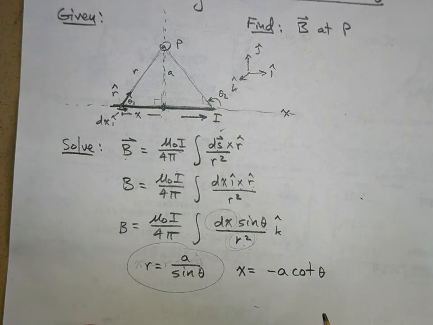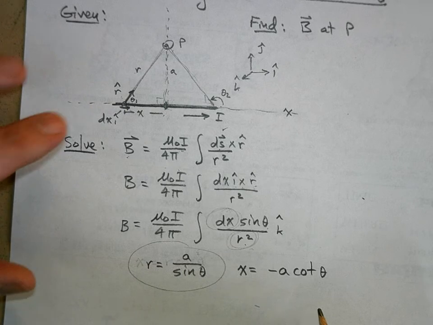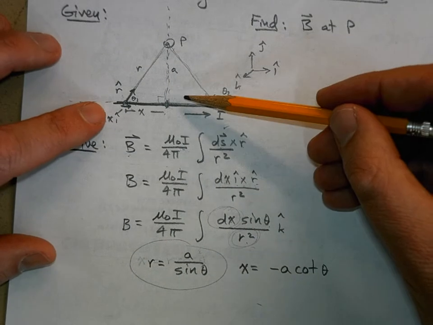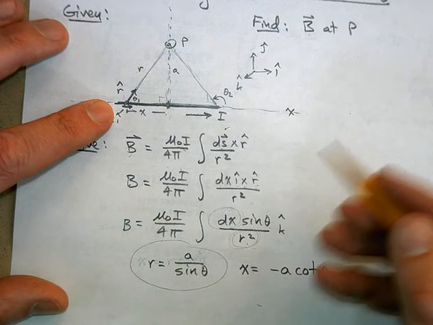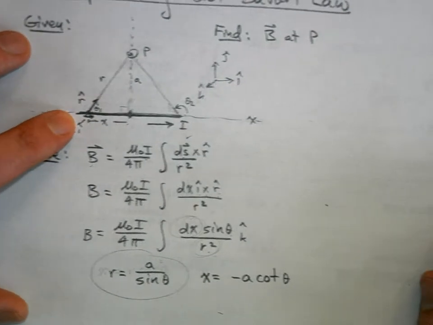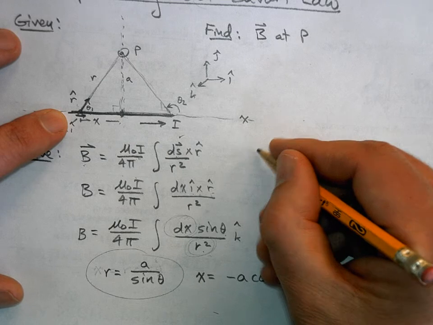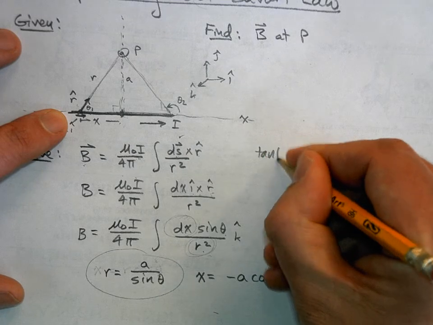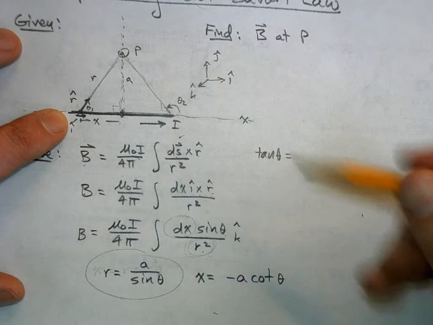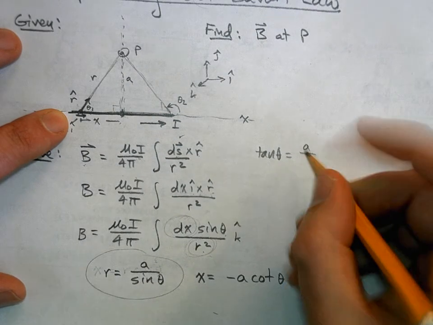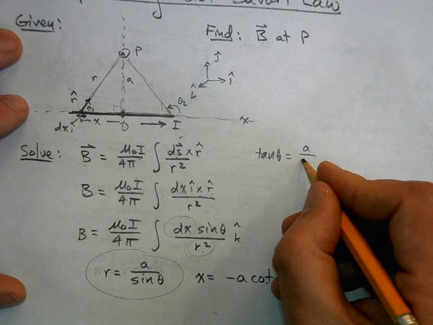Now, how do we get that? Let's actually derive this. The tangent of theta is equal to a over x, but look, this is my origin right here, so we have a negative x over here.